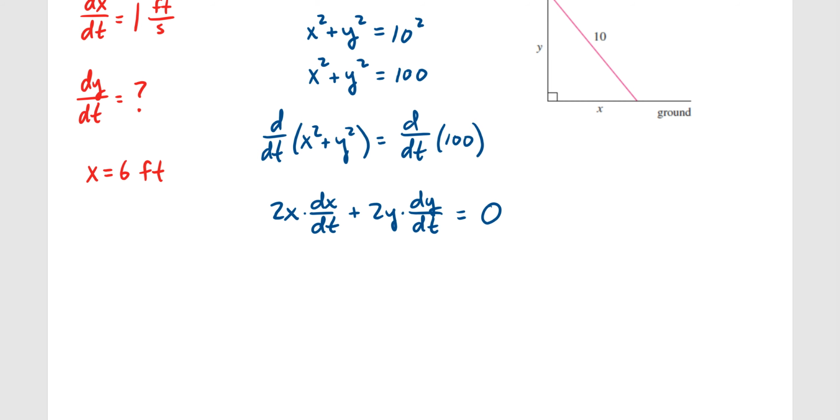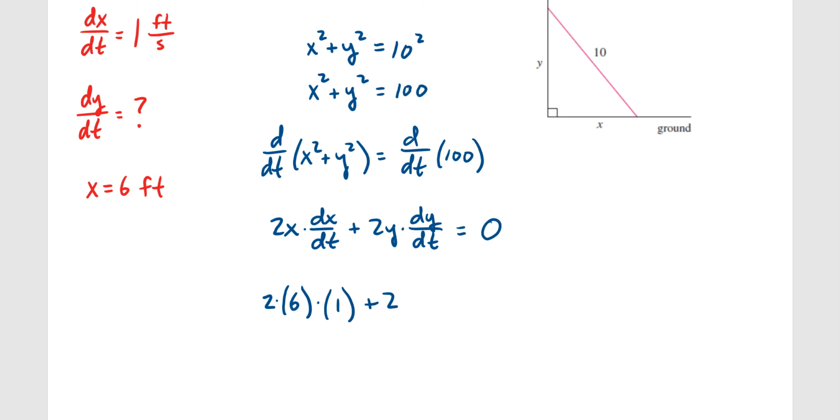So it's going to be 2 times 6 times 1 plus 2 times y. So here's a thing that's a little bit different from before. We don't have y, right? We're not given this right here, but we can actually figure out what y is using the Pythagorean theorem.